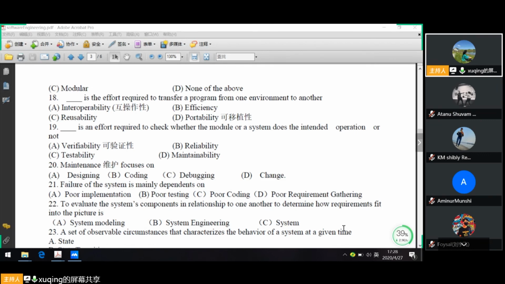In fact, it's the portability. That's why we say we can transfer a program from one environment to another. If we can use our program to solve one problem and another, that may be the reusability. But when we transfer a program from one environment to another, it's the portability. Okay.